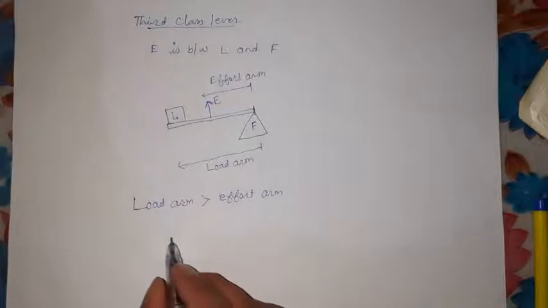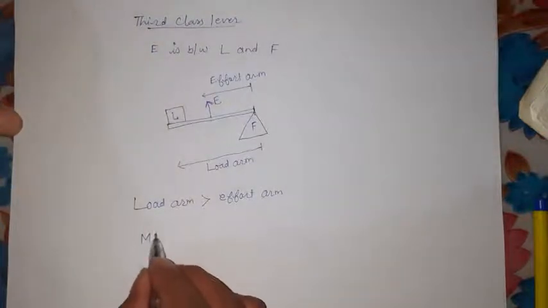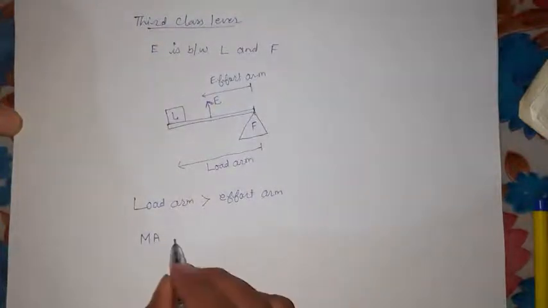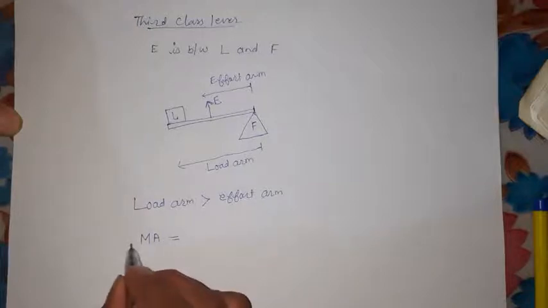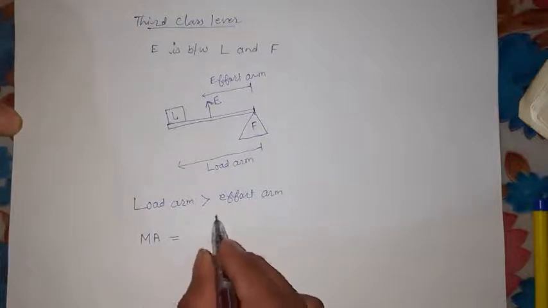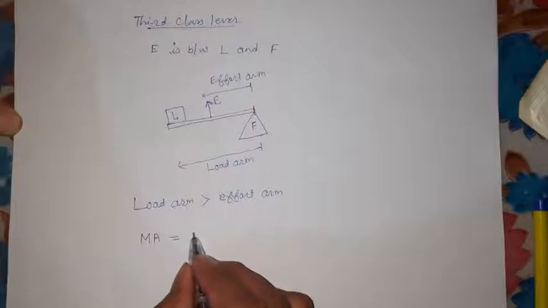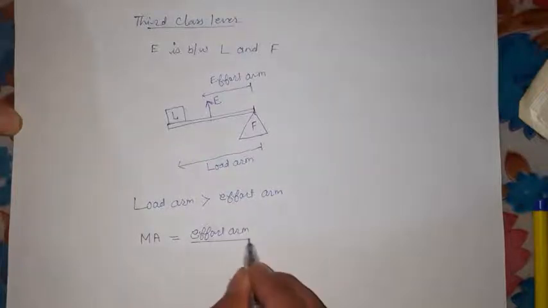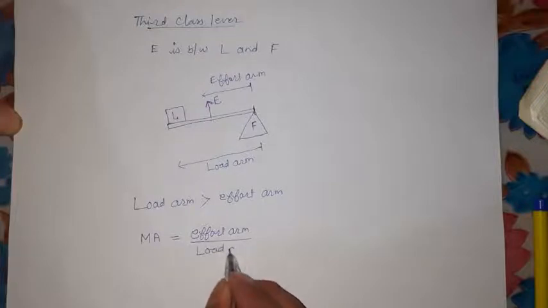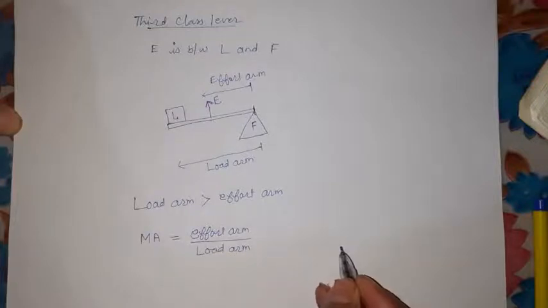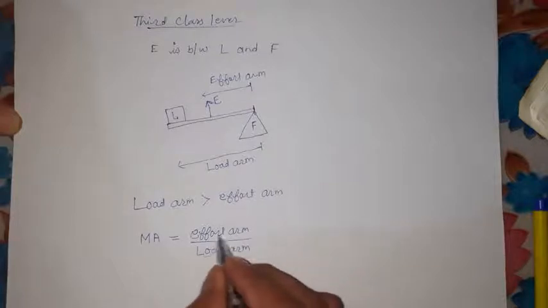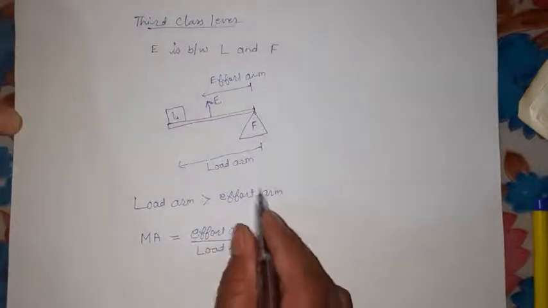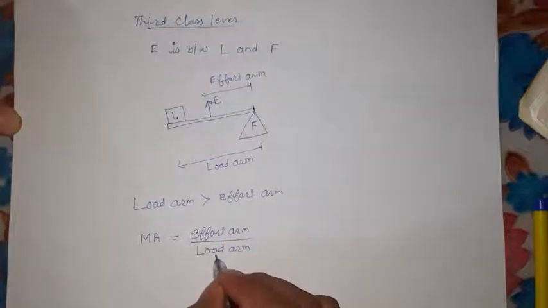Therefore what will be the mechanical advantage for this third class lever? As we know, mechanical advantage is the ratio of effort arm upon load arm. Now you will find that the effort arm is smaller, and the load arm is greater.